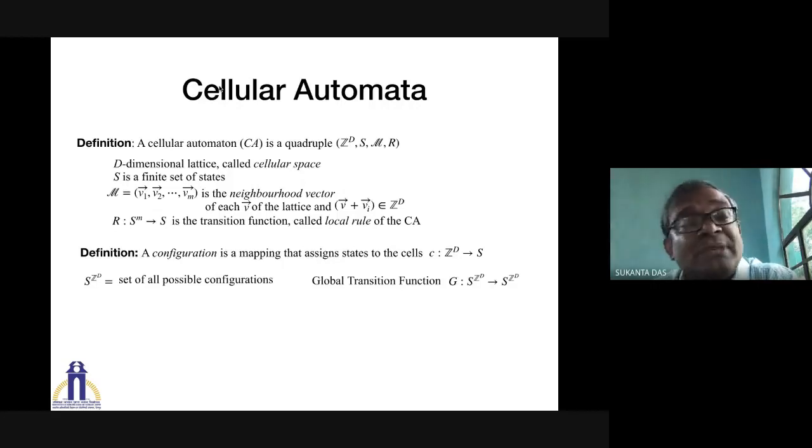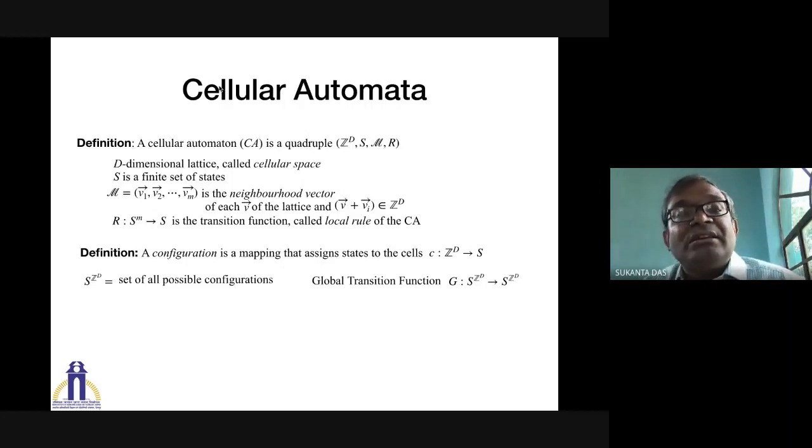And from that we get an interesting one. The total number of functions is S to the power Z to the power d, that you understand. So S to the power Z to the power d represents all possible functions from Z to the power d to S. Okay, so when I get all these possible configurations, then I can think of a CA as a function.